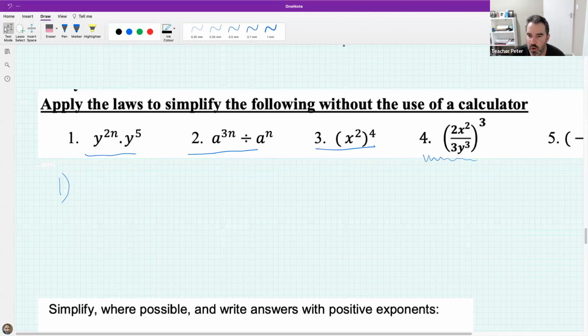So just while you're working, for question 1, what law should you be using? Looks to me like it's the same base, so it's law number 1.